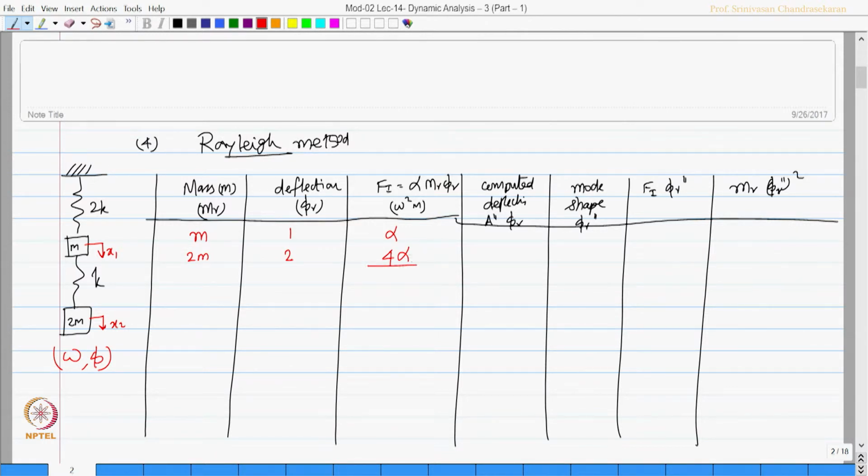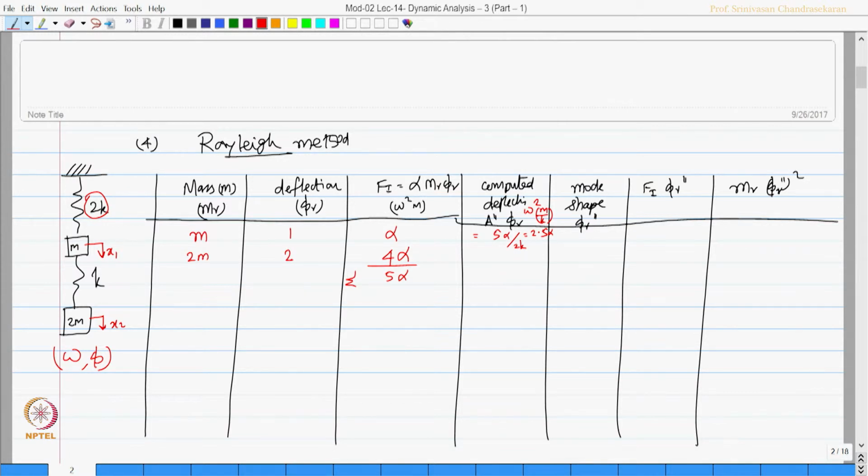So, I make this sum, the sum is 5 alpha, okay. I find this value is actually equal to this 5 alpha divided by this stiffness, which I write here as 2.5 alpha, and I will have a constant omega square m by k, okay, 2.5 alpha.